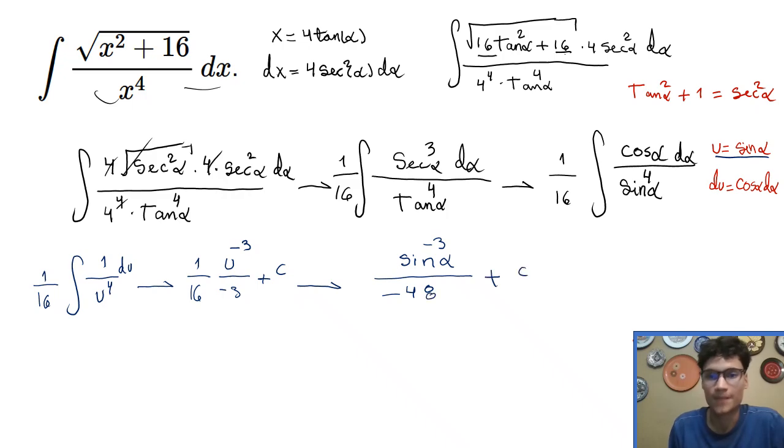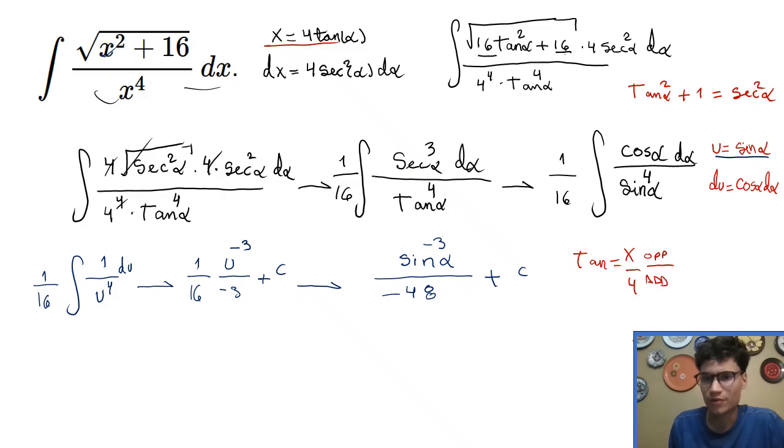Now we have to get back to x. How are we going to do that? We know from x equal to 4 times the tangent that the tangent is equal to x divided by 4. And what is the tangent? The tangent is the opposite side divided by the adjacent side of a triangle.